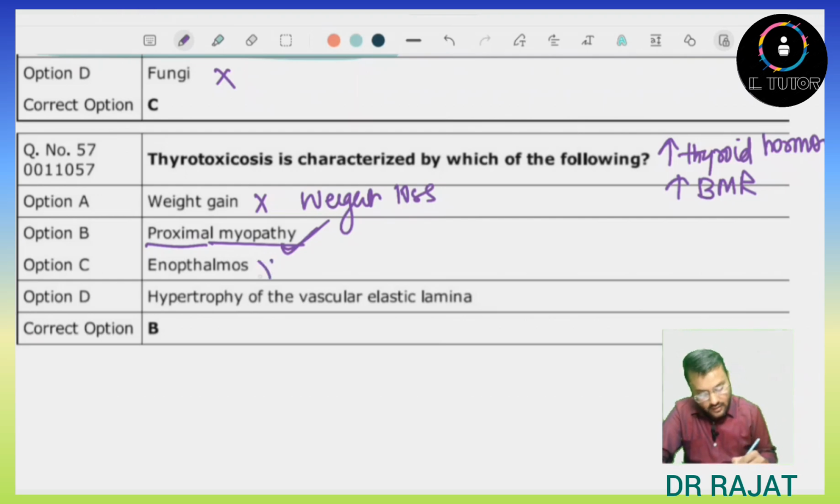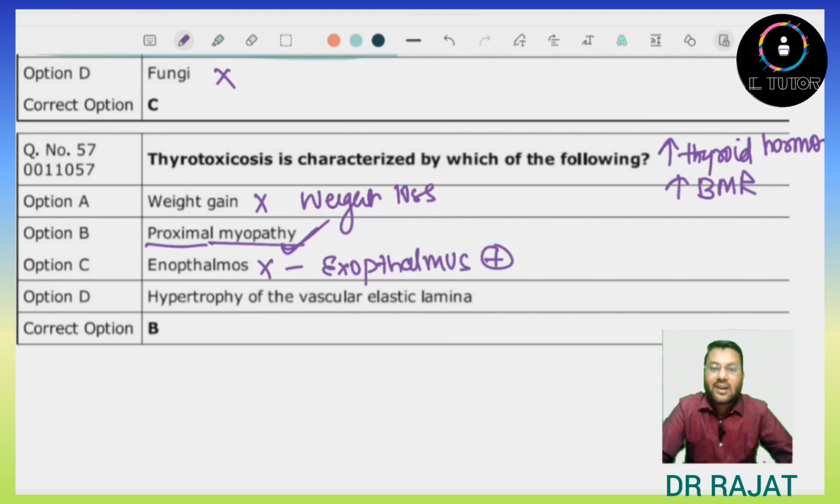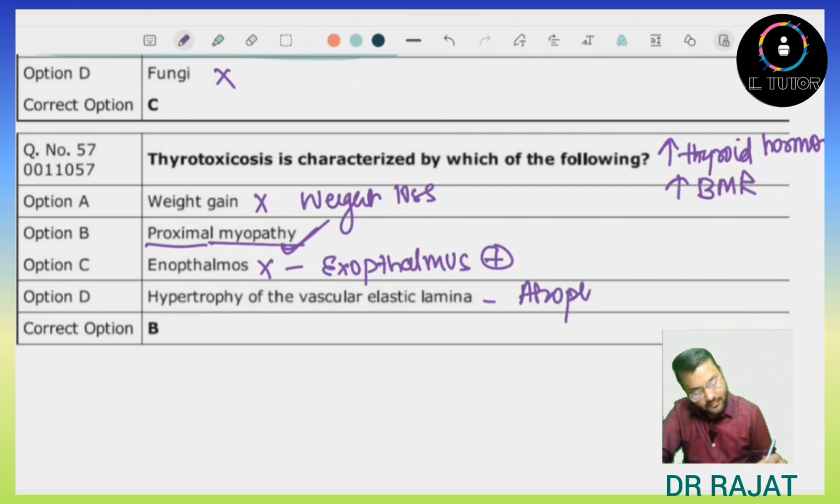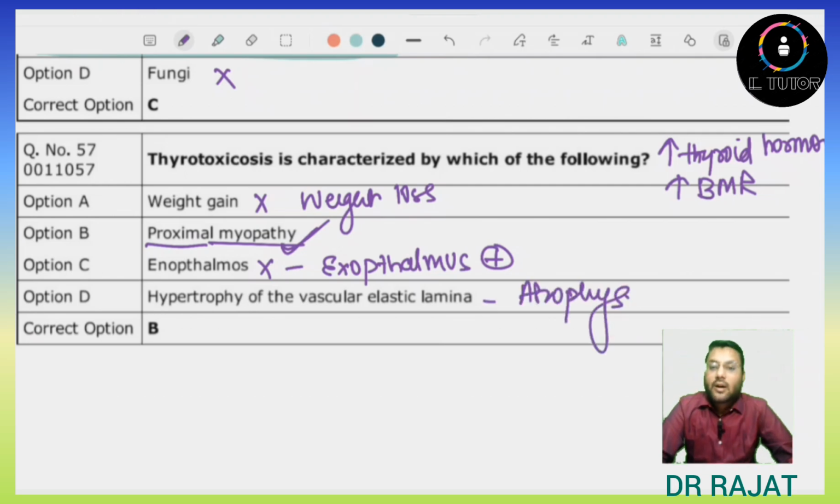Enophthalmos, no. Instead, exophthalmos will be seen. And hypertrophy of the vascular elastic lamina, no. Instead, atrophy can be seen. So answer here will be option number B, proximal myopathy, which can be seen in thyrotoxicosis.